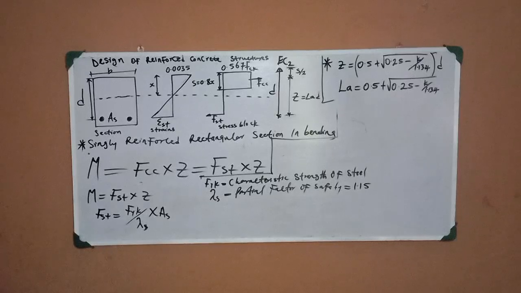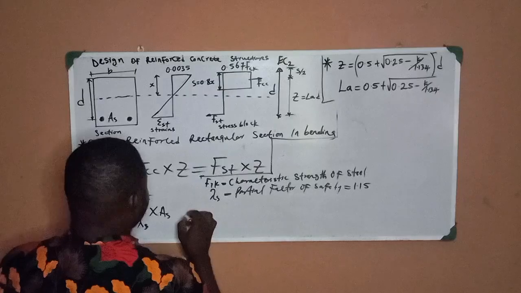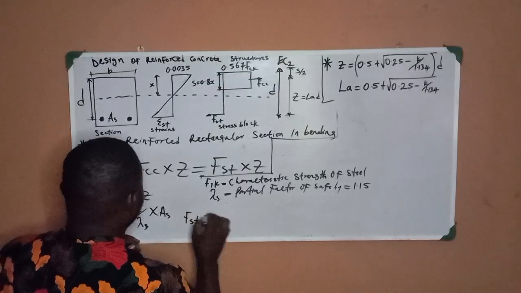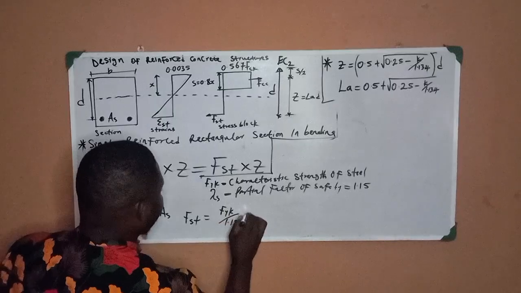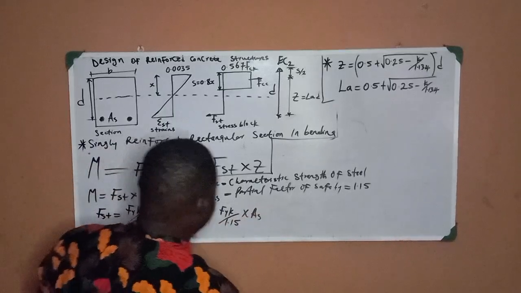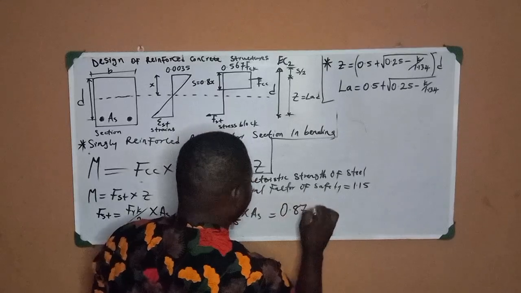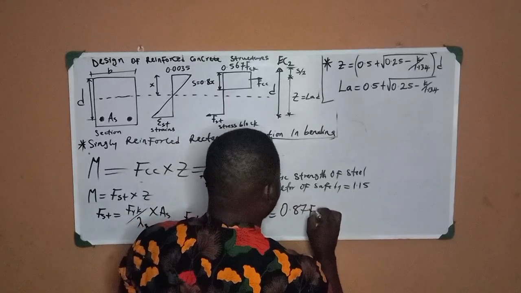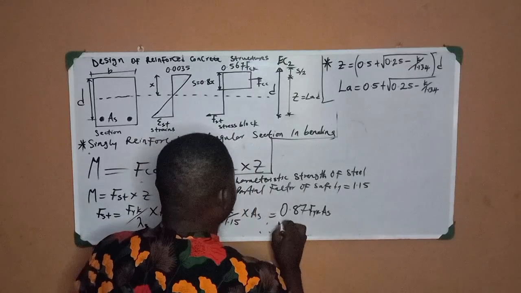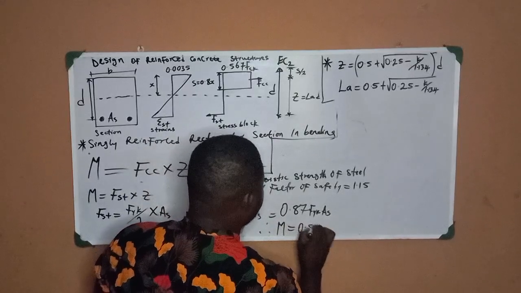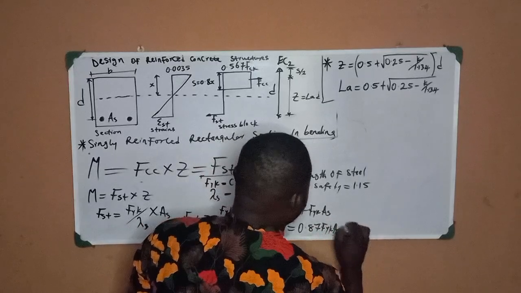So by the time I bring it here, my Fst becomes equal to fyk over 1.15 multiplied by As, and this will give me 0.87 fyk As. So therefore, moment is equal to 0.87 fyk As multiplied by z.